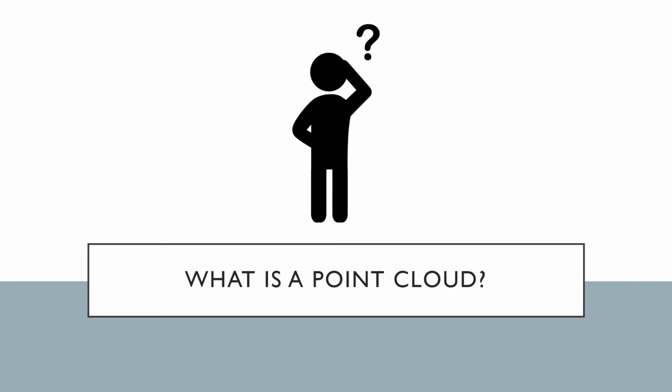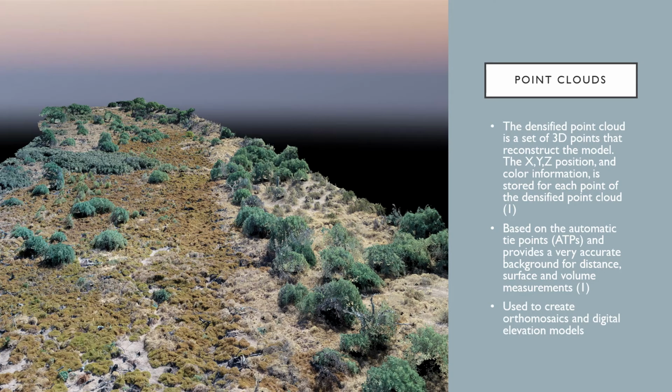So before we dive more into the actual images themselves, I want to ask you guys if you know what a point cloud is. So a point cloud is a set of 3D points that help to reconstruct the object or the model that we're looking to obtain.